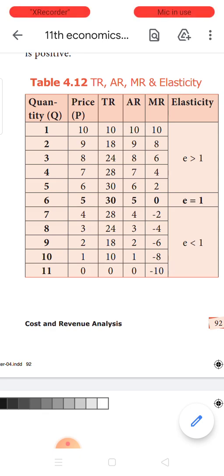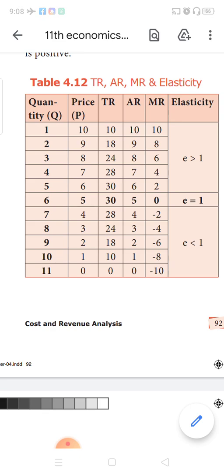Let me tell you once again, when the marginal revenue is declining but it is positive, please have this in mind, the elasticity of demand is greater than 1. In this situation, the TR will be increasing.